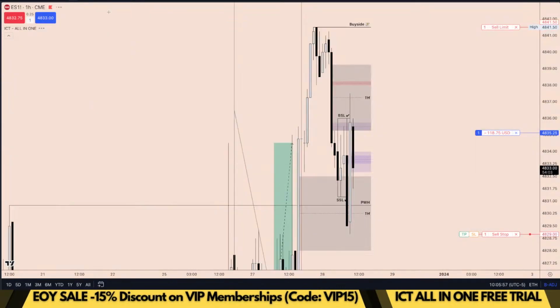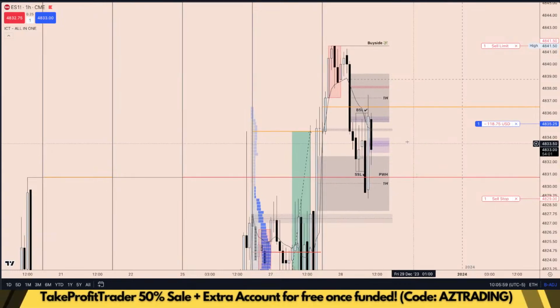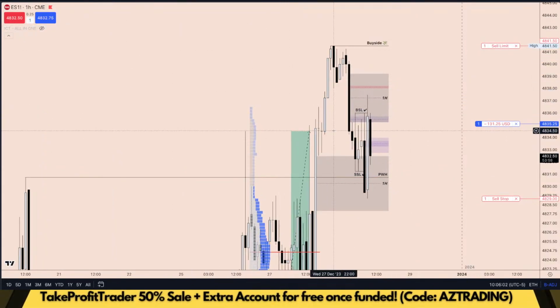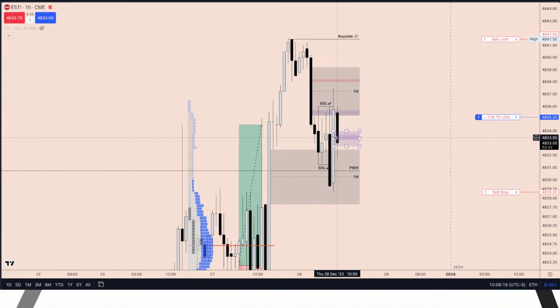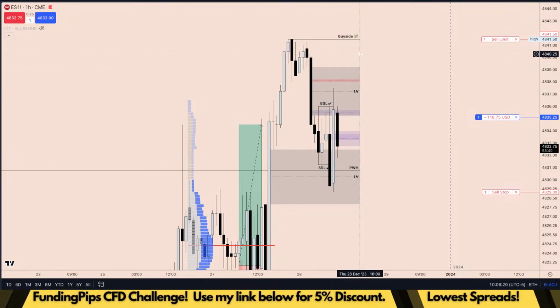Just looking at the hourly time frame, how did the previous hourly candle close? Let's hide the ICT all-in-one here quickly. Bounce off this 1 hour bullish value gap. Nice bullish candle here, closing inside our 1 hour bearish fair value gap. Now we pulled back to potentially continue higher, or to take out low and continue lower, or like yesterday, just do the most amount of damage.